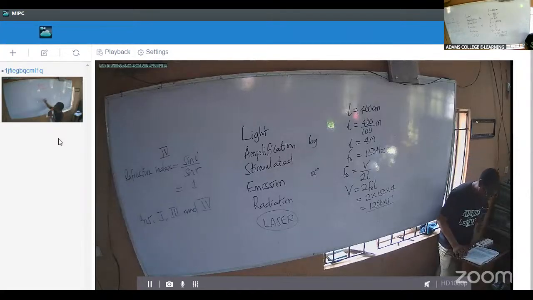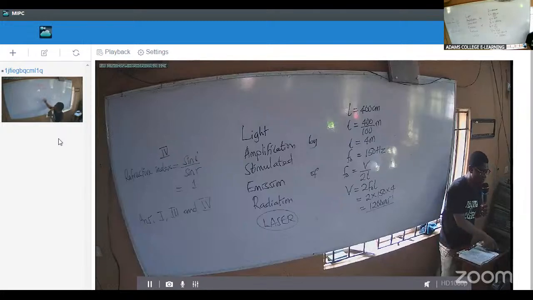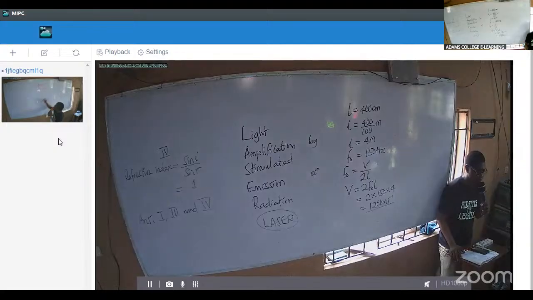Full stop. If the work function of the metal is 3.0 times 10 to the minus 19 joules, full stop.